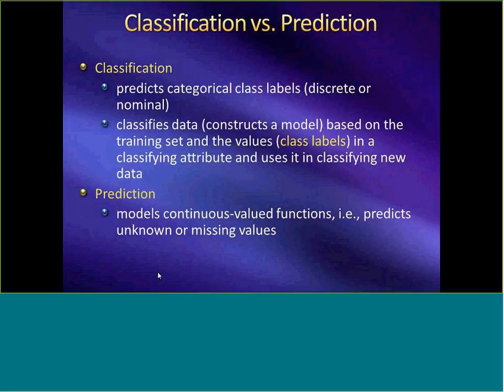Sometimes, depending on the context, classification and prediction can be used interchangeably, and they mean exactly the same thing if we talk about categorical variables. But prediction is strongly used when we talk about a continuous value function, when we use it, for instance, to predict the value of a function, which is a continuous value.